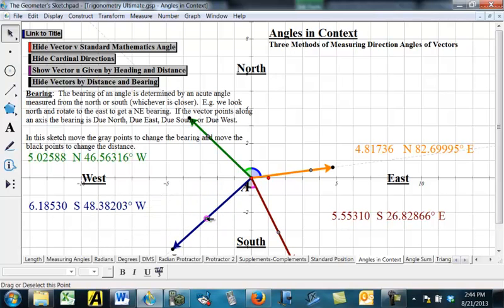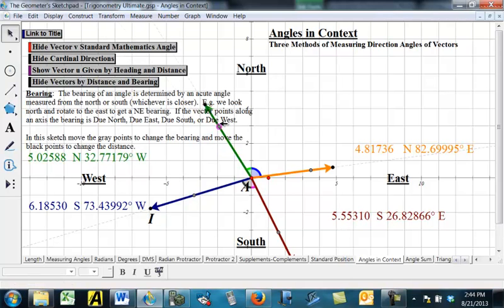So we look at either north or south, whichever is closer, and we rotate to the east or west. For example, that would be south 73.4 degrees west. Up here, where the green one is, northwest. Again, you point north and rotate to the west. This green angle is how far we rotate to the west, which in this case is 49.3 degrees.